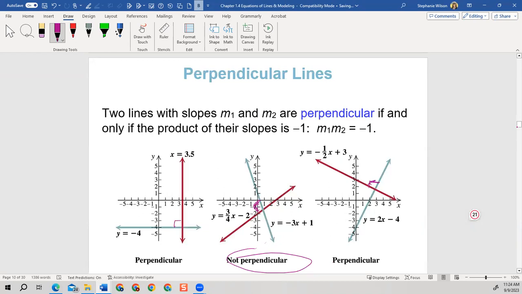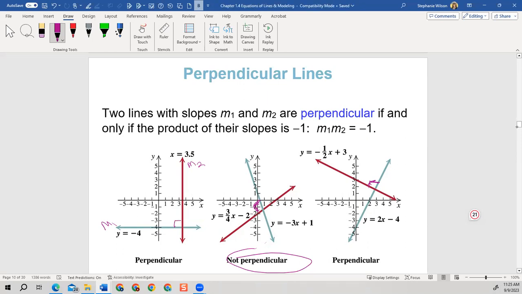So let's talk about it. Let's call this slope 1, slope 2, or line 1, line 2, whichever you want to call it. If you have a perpendicular line, think of it as an intersection. It's a 4-way stop. You're at one part of it, someone else is at the other part. It's a 90-degree angle all the way around, right? If it's perpendicular, that means it has a 90-degree angle between each line.